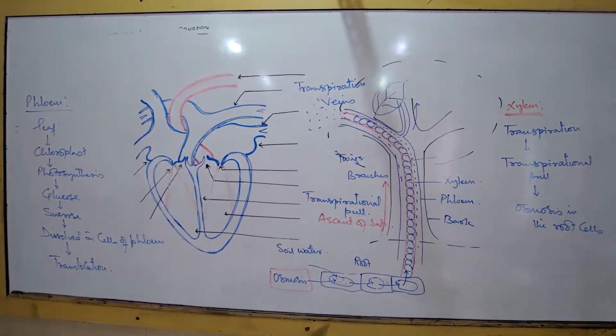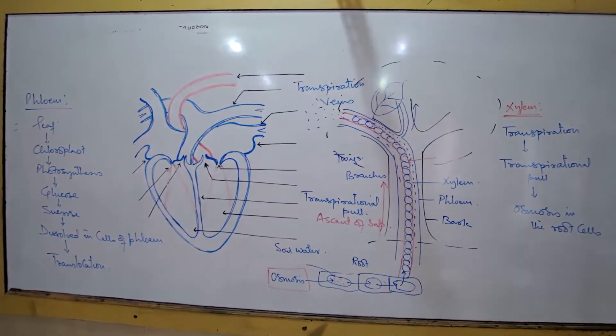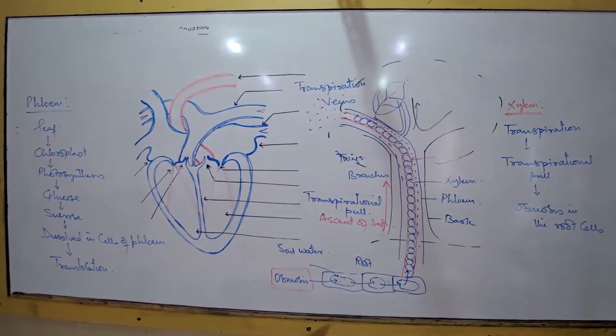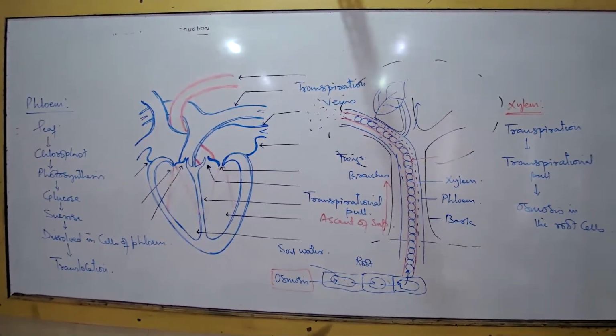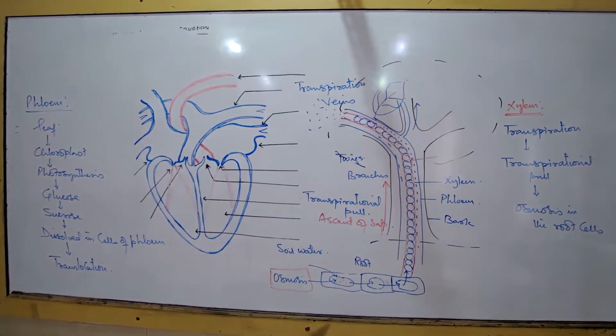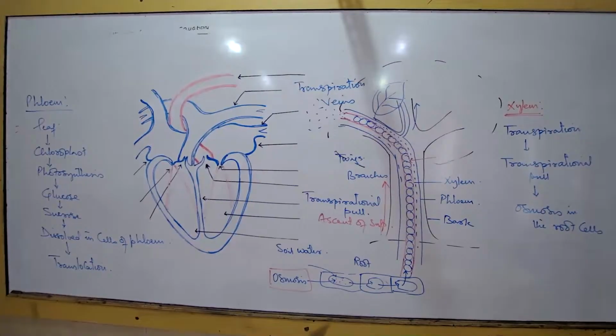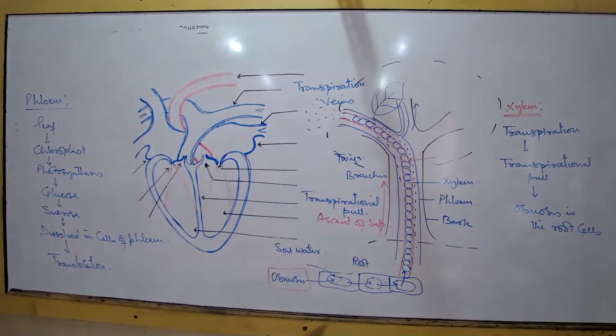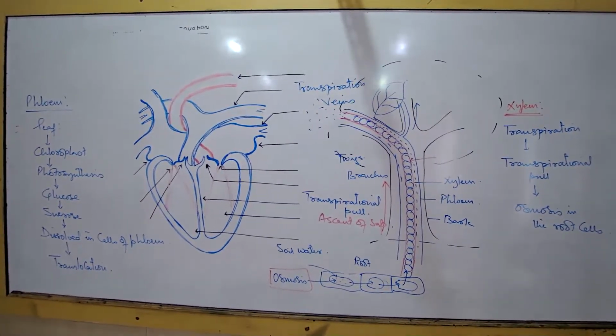Write down the answer. First head you write: Transportation by xylem. Write your answer in points. Start your answer.